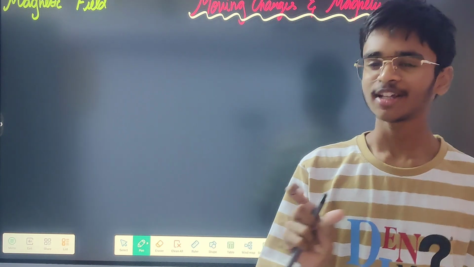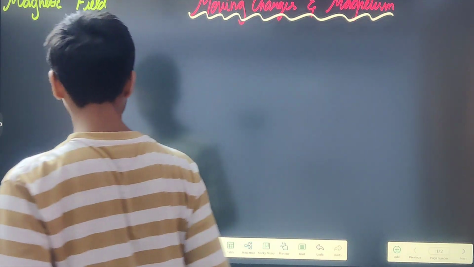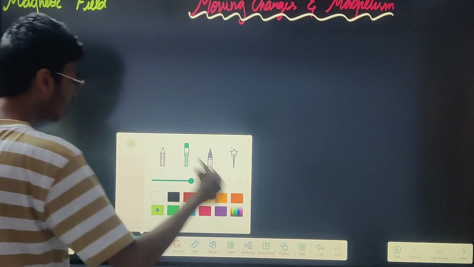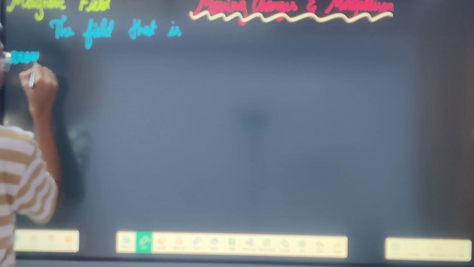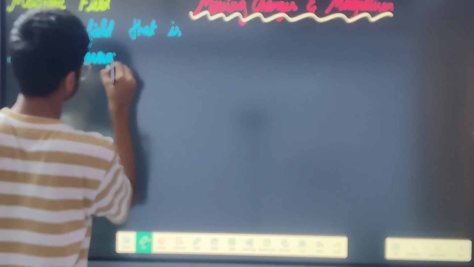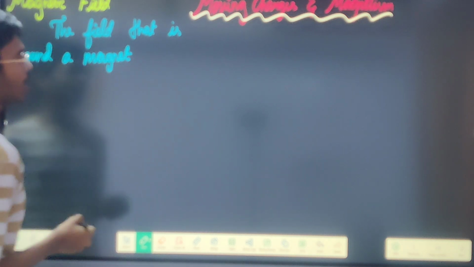If you ask me for the very basic definition, it is the field around a magnet. This is what the very basic definition is.